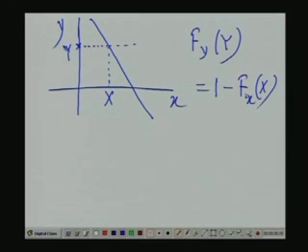F x capital X means the probability of x taking values less than or equal to capital X. That is the probability of the event small x falling in this entire range to the left of capital X, including capital X. 1 minus that will be the probability of x falling to the right of capital X. And as before, this is given in terms of x, but I want a probability distribution function of y, as a function of y itself. So, I replace capital X by this.